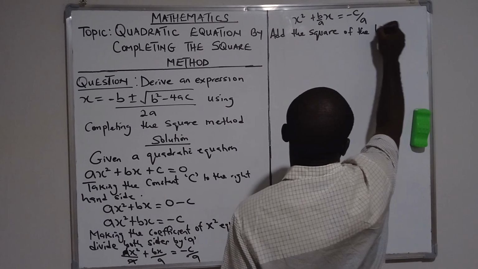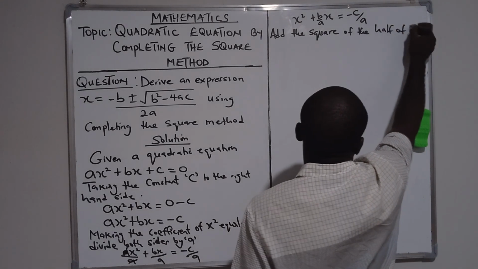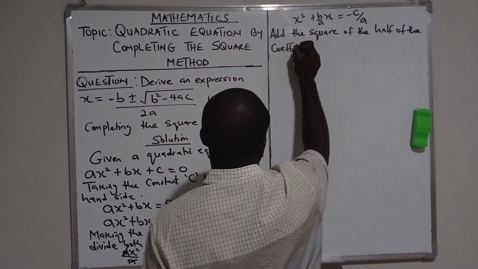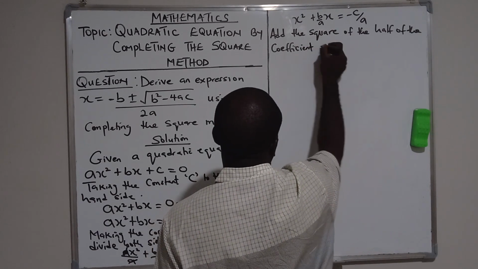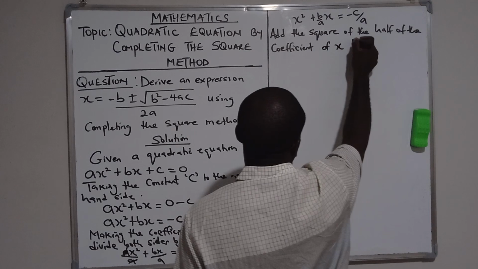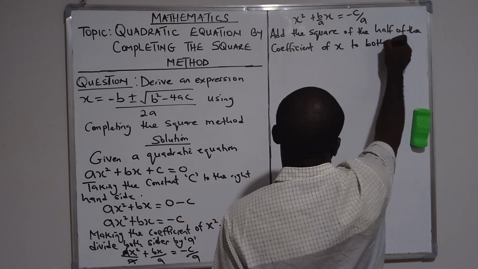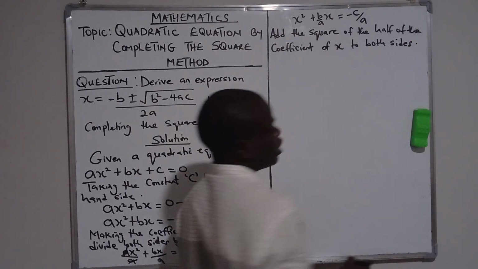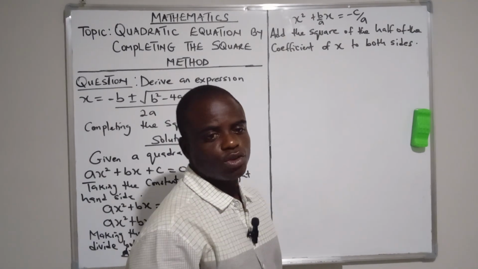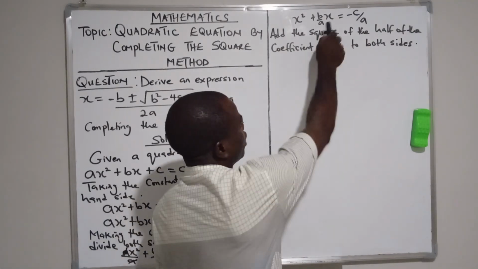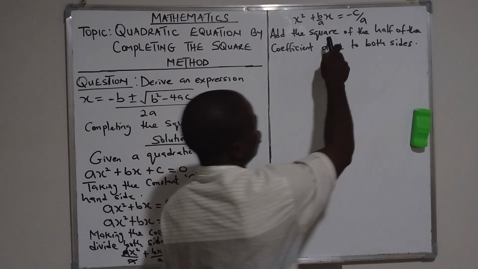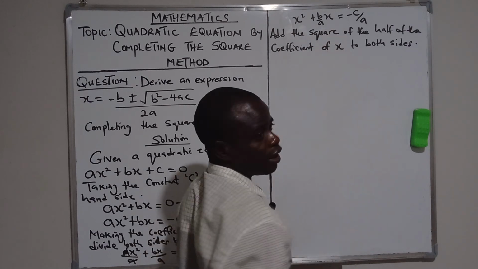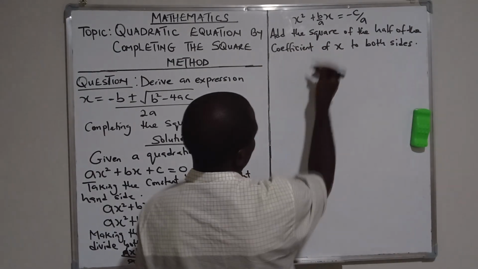Just multiply the coefficient of x by half and then square it.